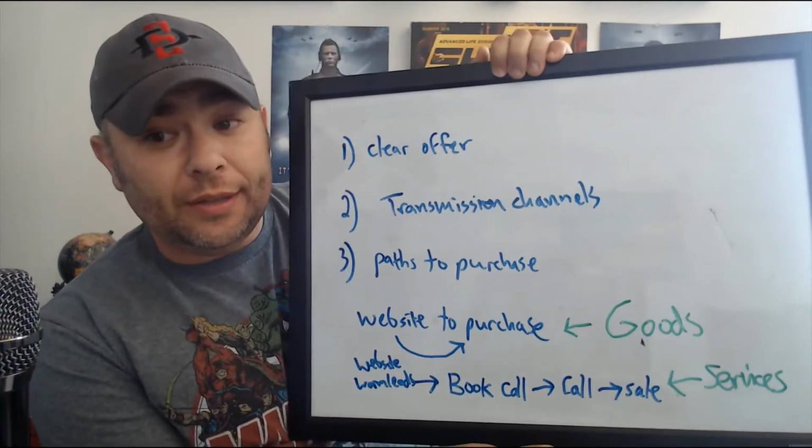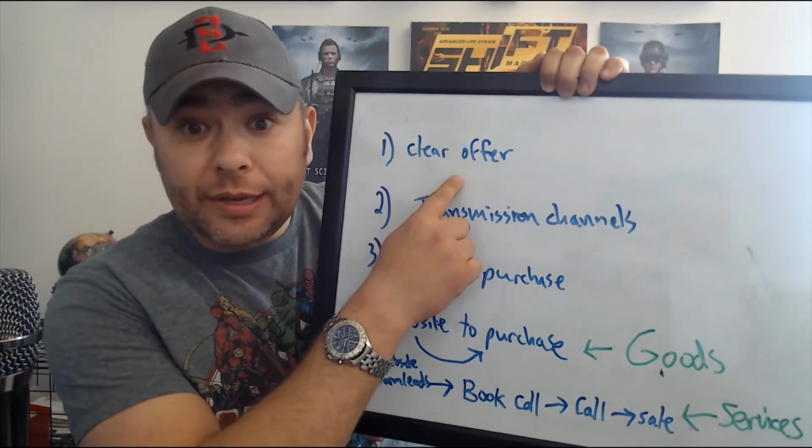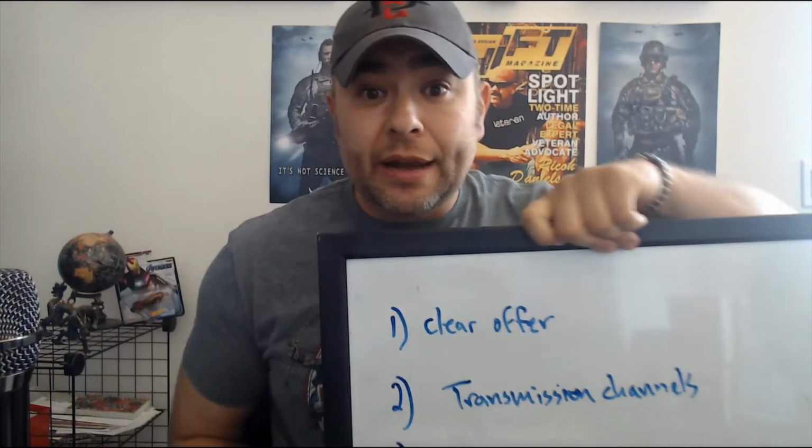So the first thing you want to look at is how clear is your offer? Are you putting it out there regularly? Are you letting people know what they get when they sign up with you? What the benefit is, not the features. As my mentor Doug Means says, give them the benefits, not the features.